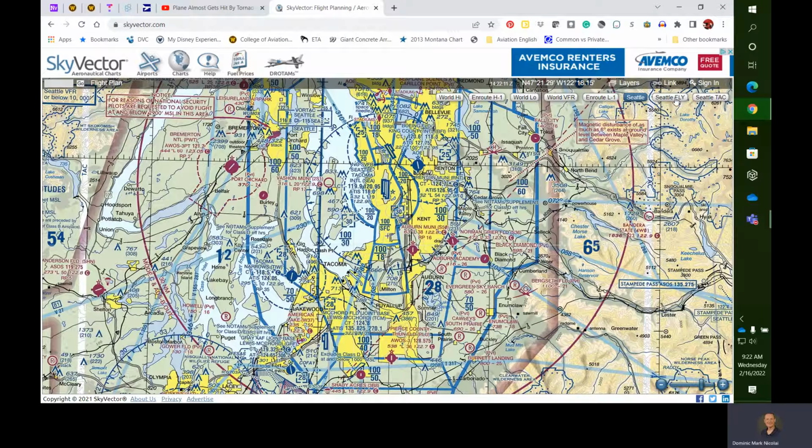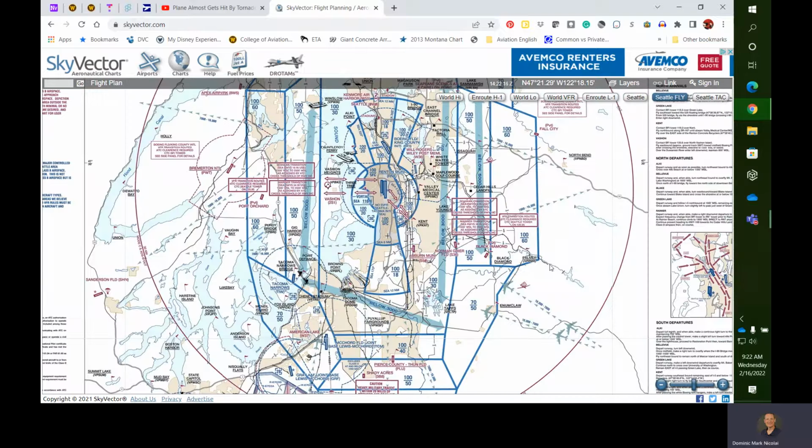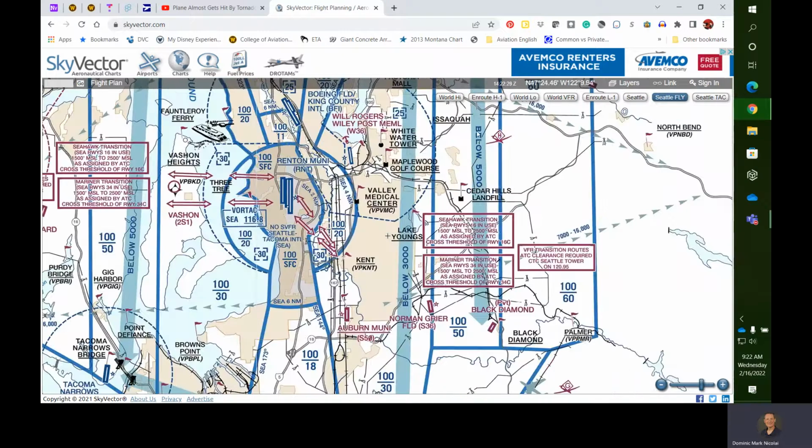So if I go to a Seattle flyway chart, now I can see where my flyways are located. And if they cross over my path that I've got on the assignment, then I need to make a note of it. And we see they might have altitudes associated with them. Sometimes they don't have altitudes with them. So that's a flyway chart.